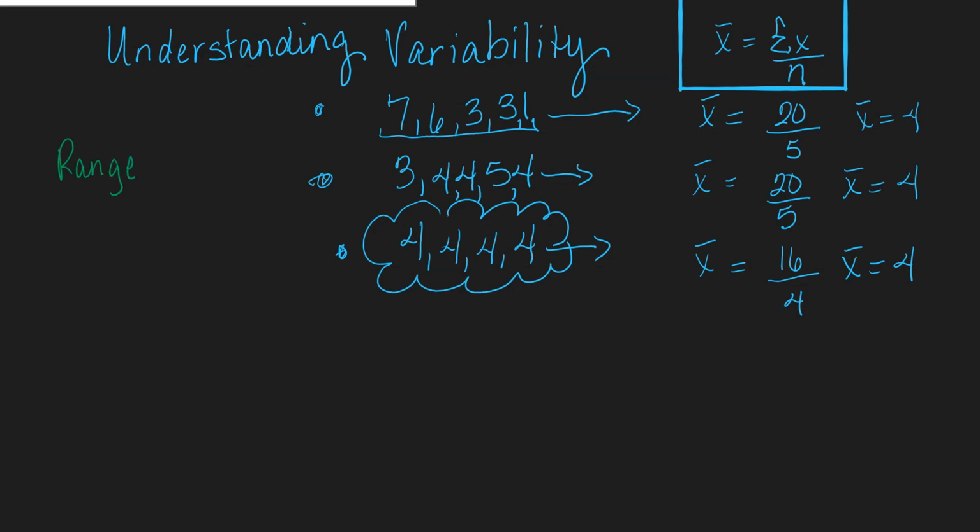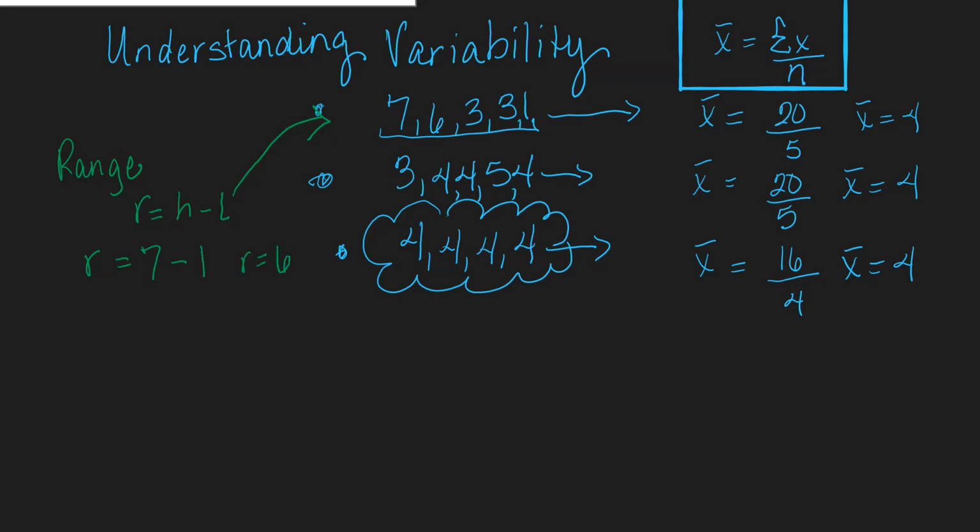Now, the range is a pretty simple statistic to calculate. Our range equals the highest score in our data set minus the lowest score. So for this first set of data, the range is equal to the highest score, 7, minus the lowest score, 1.